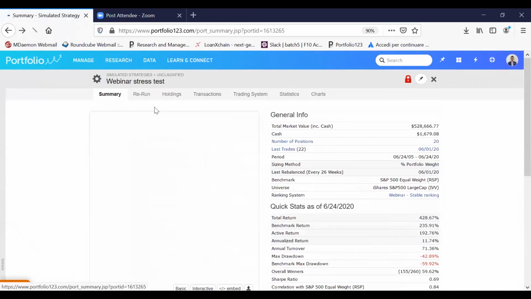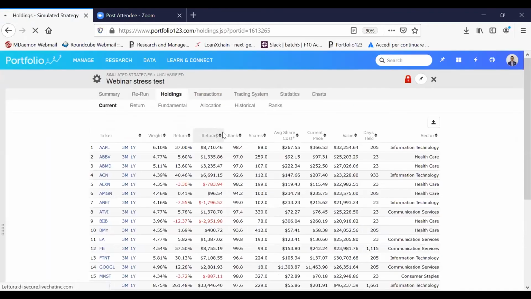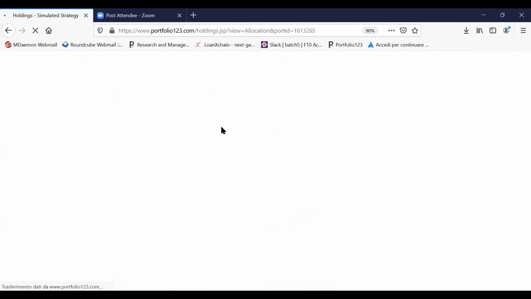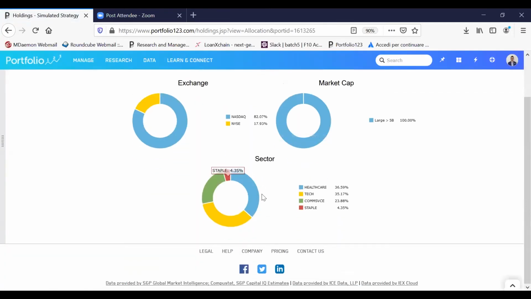So a few things that I want to highlight here are especially allocation. Are we betting too much on specific sectors? It seems so, because we are very heavy on tech and healthcare.